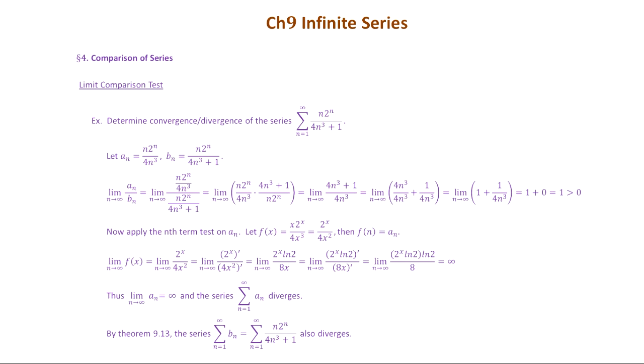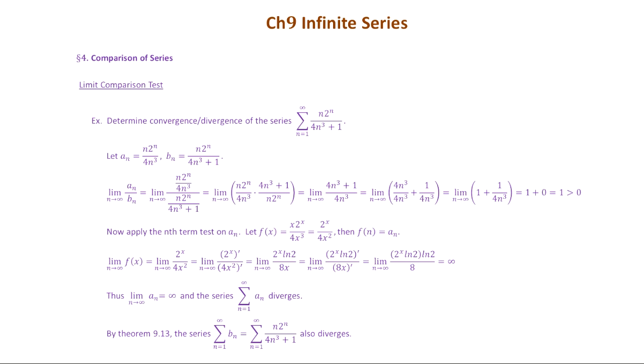Always the same kind of thing. So we just break up the fraction into 2 by the numerator. So we got 4n cubed over 4n cubed plus 1 over 4n cubed, and the first term is just 1, and the limit of 1 over 4n cubed is just 0 as n approaches infinity. So we got 1 plus 0, which is 1, and that's positive. It's greater than 0.